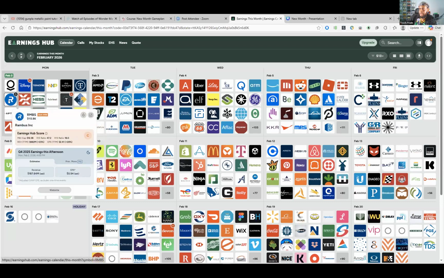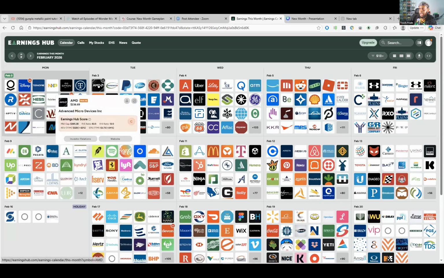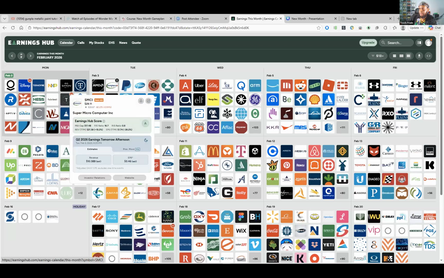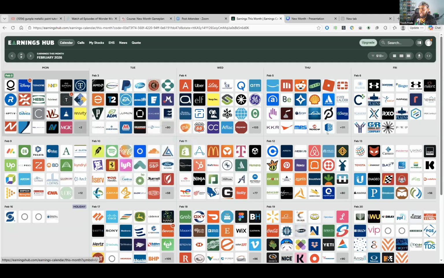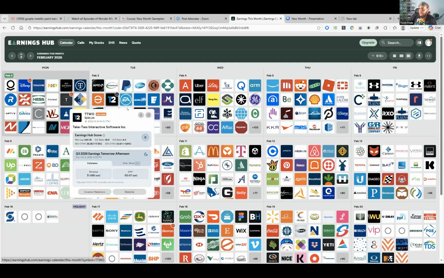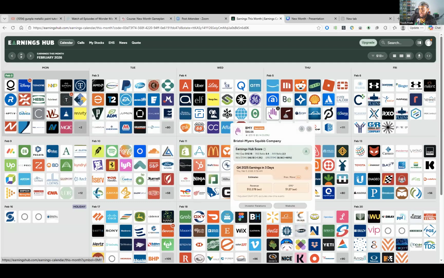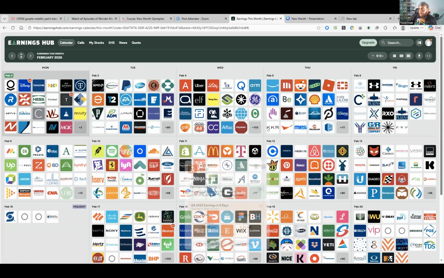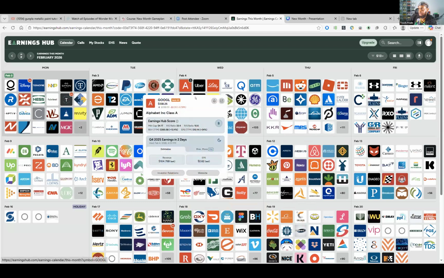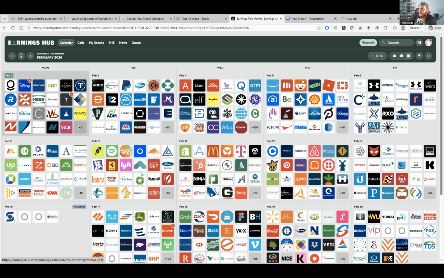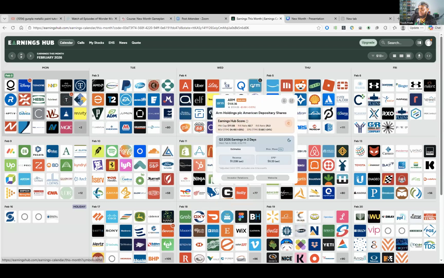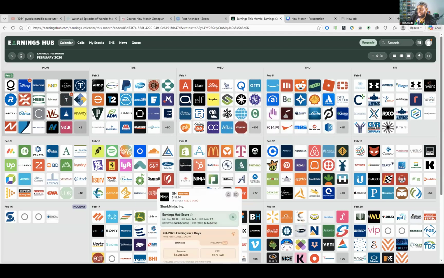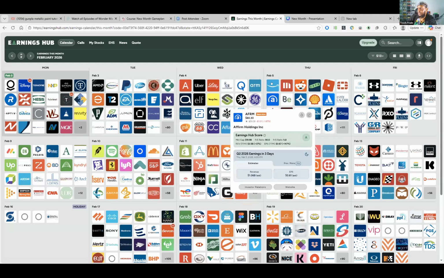AMD has earnings tomorrow, along with Super Micro Computers, PayPal, Pfizer, Chipotle, Take Two, EA Sports. They all have earnings tomorrow. Google has earnings Wednesday. Uber, Eli Lilly, Novo Nordisk, ARM, all have earnings on Wednesday, and so on and so forth.